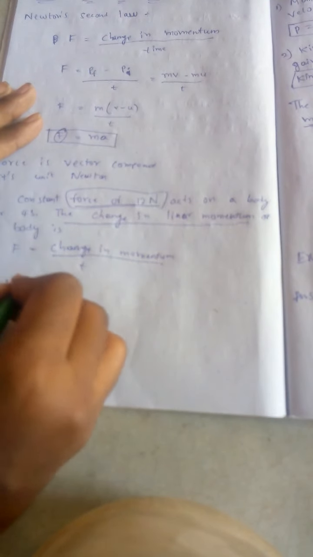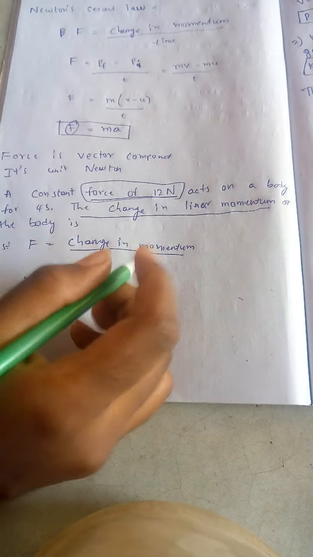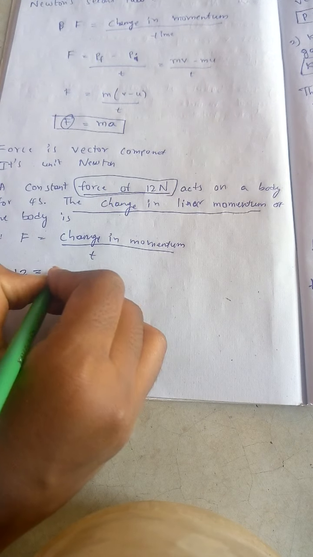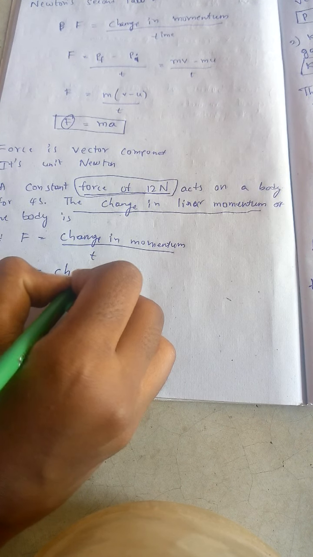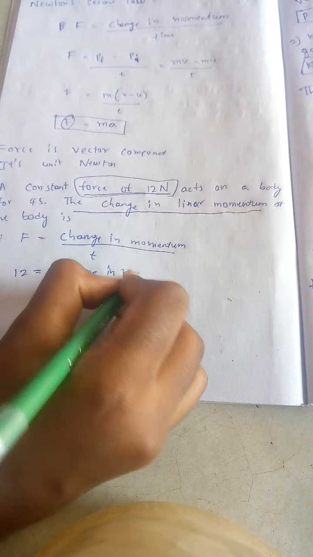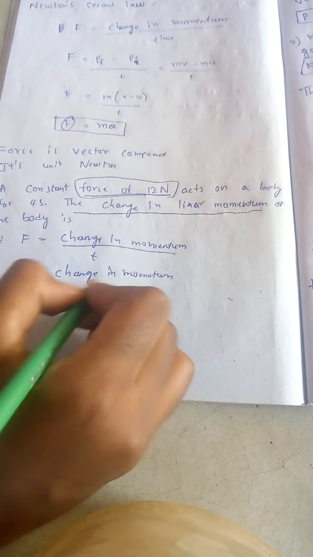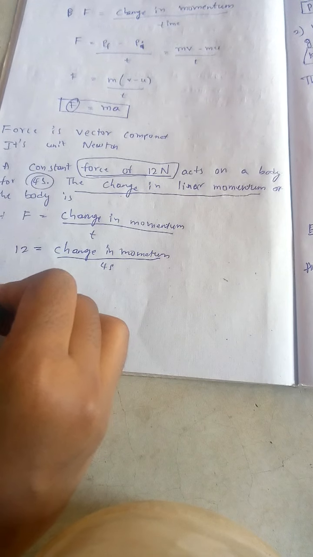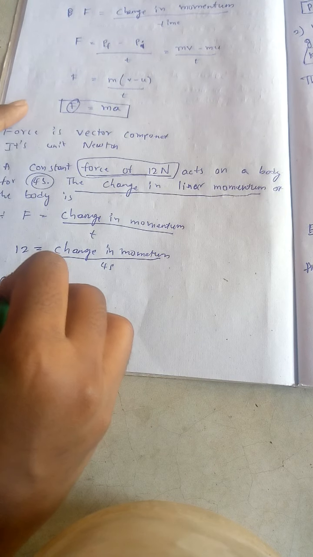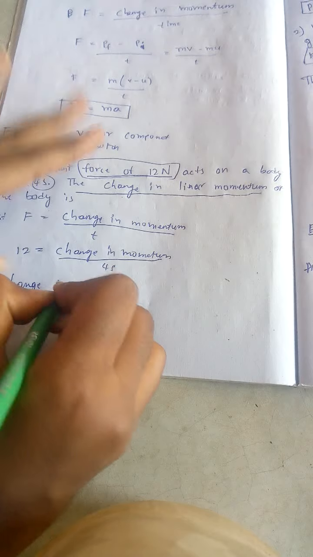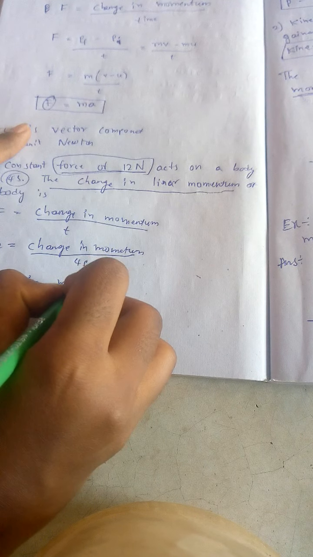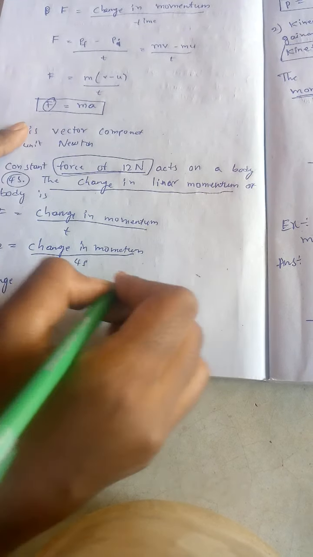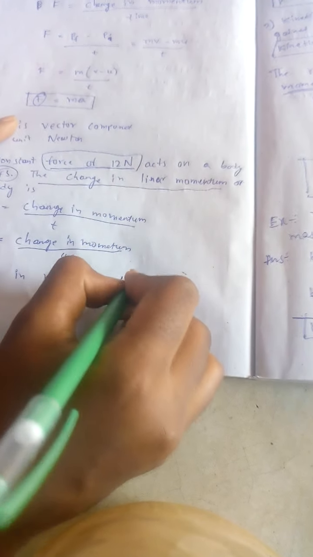Force they have given in this problem, force of 12 newtons. Then 12 is equal to change in momentum, we don't know, write as it is, by t, they have given 4 seconds, write 4 seconds. So change in momentum is equal to 12 into 4.